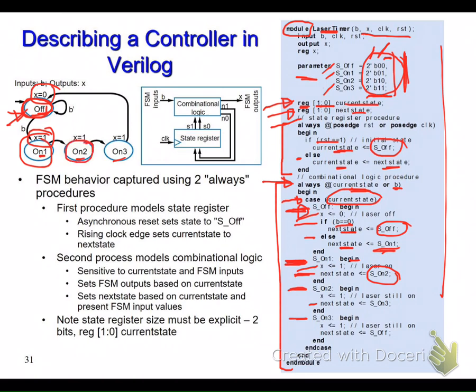Okay, now I am in S_on2, as you can see here. What is happening? X is always equal to 1. And then my next state is what? S_on3. So now I am here. Let's see S_on3 again. X is always equal to 1. And then what is the next state?